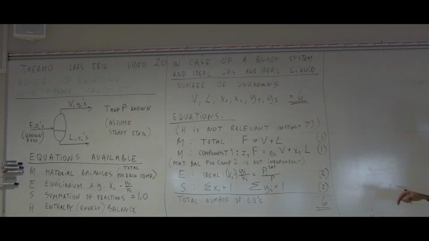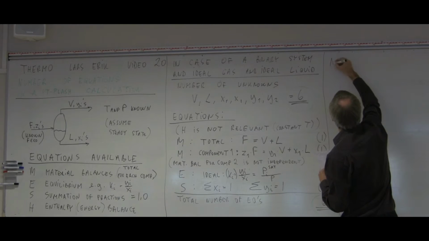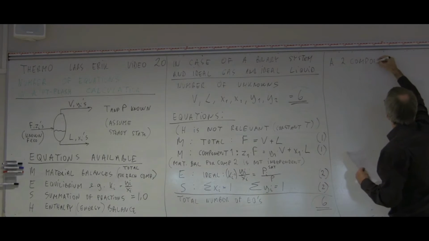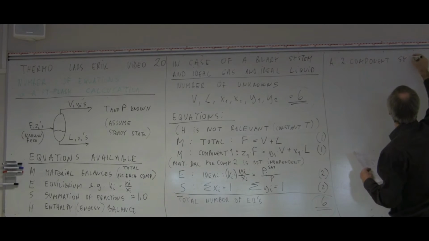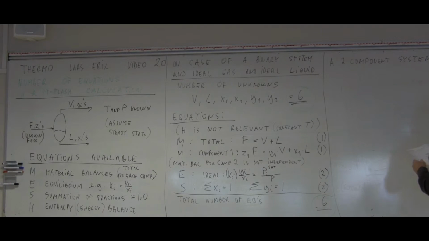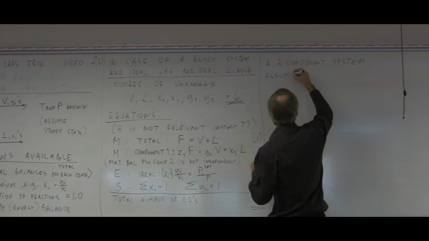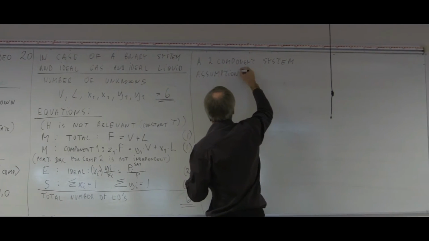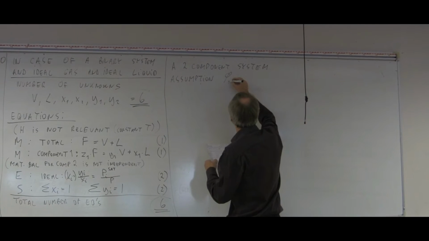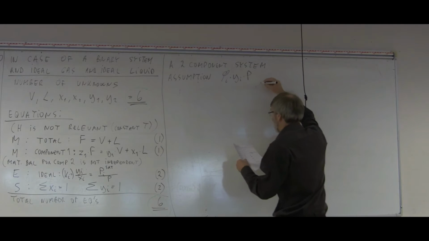Then I go on and I now say that we still have a 2-component system, with the assumption that we have the equilibrium described in this way.